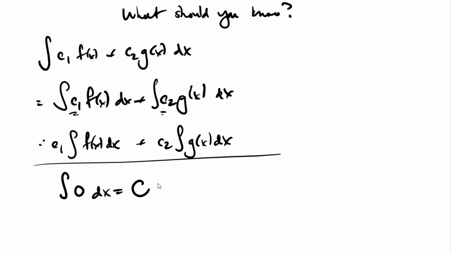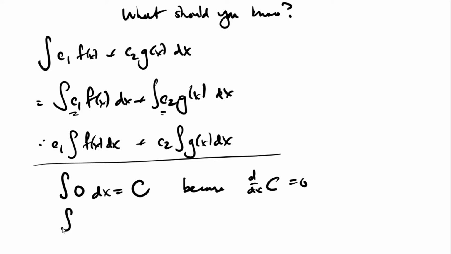Because remember, what an indefinite integral is asking you is find the function that has 0 as the derivative, and the derivative of a constant is 0, because d by dx of a constant is nothing.